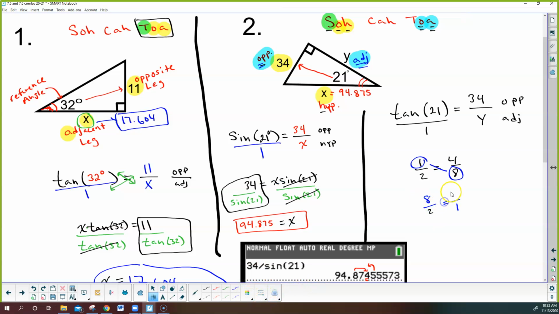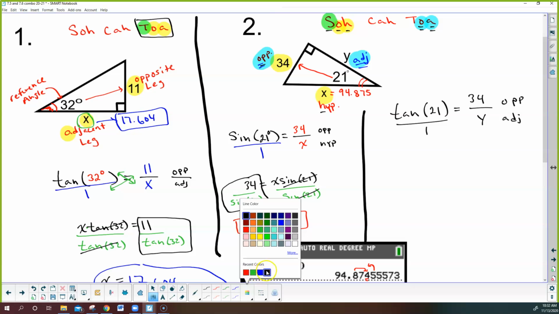Does that still produce an accurate answer? Is 8 divided by 2 equal to 4/1? Yeah, they're equal to the same thing, which means I can just switch the locations of these. Now, if you don't like this, you don't have to do it. You can cross multiply. It'll work the same way.